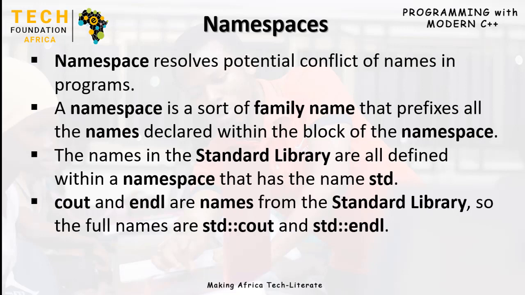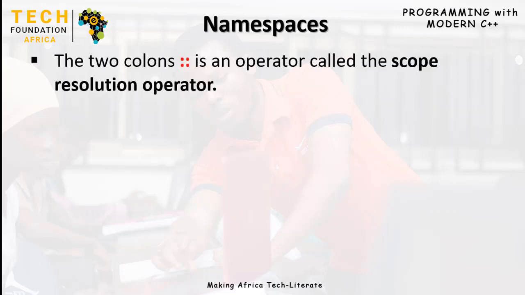So we are trying to say that endl and cout are all defined inside the standard library, in a namespace called what? std. The 2 colons form an operator called the scope resolution operator. This is something that I'll talk about in future videos when we start talking about object-oriented programming.